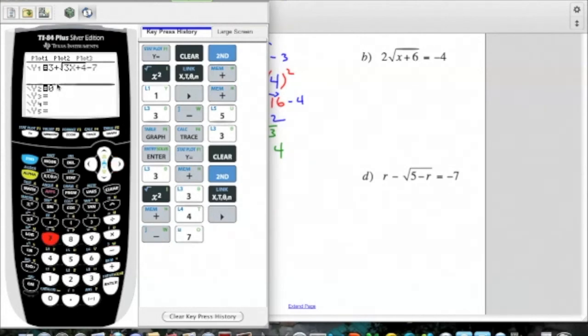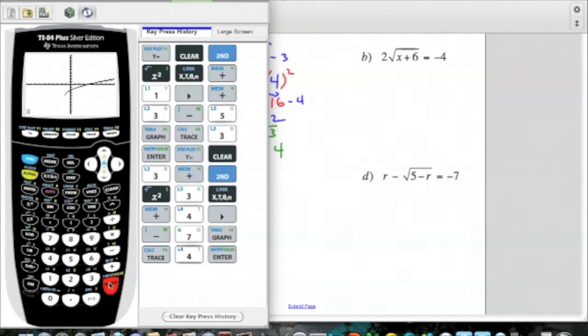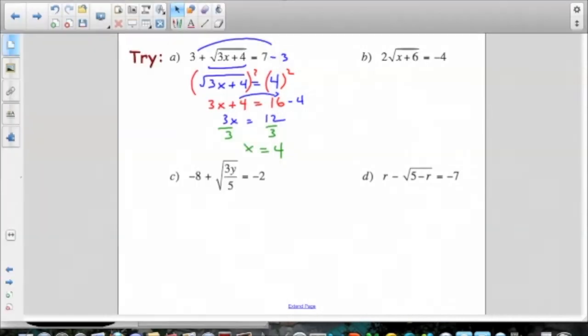And we have that y2 equals 0, very important. Now graph. Now our answer was 4, so we're going to go trace 4, enter, and we have a 0, which means we did it right.